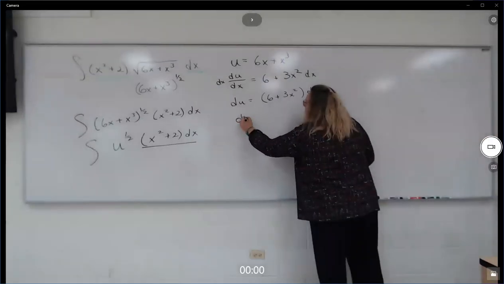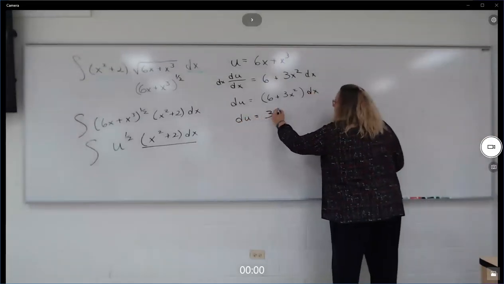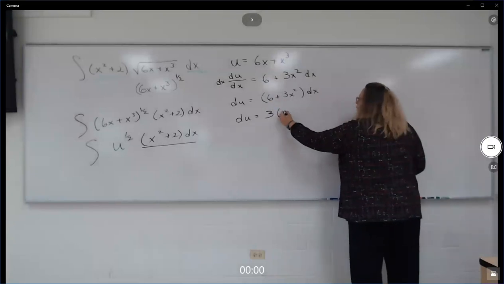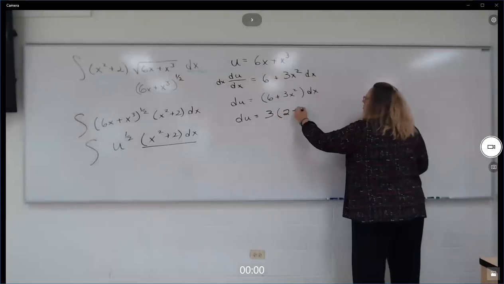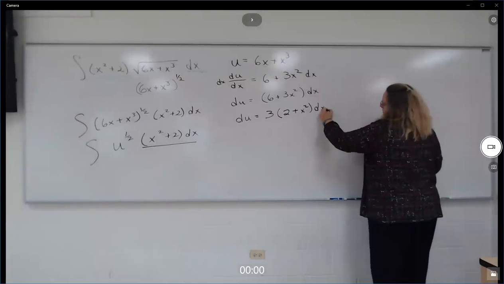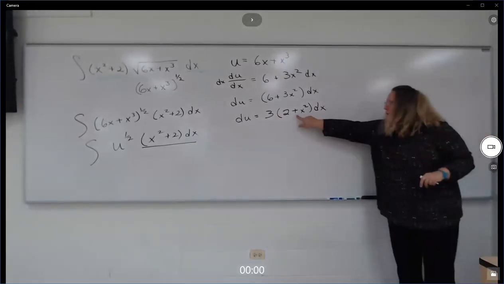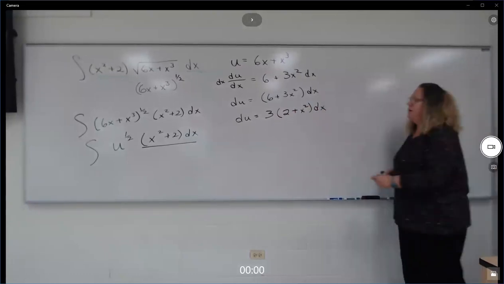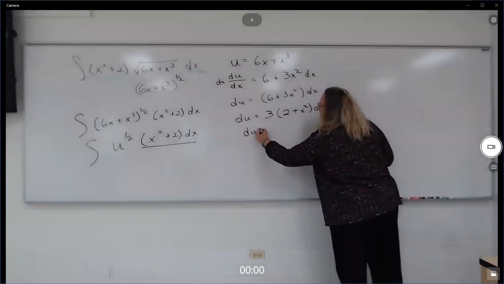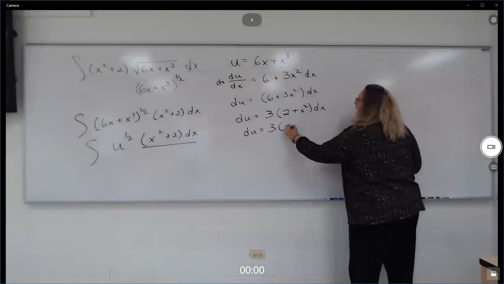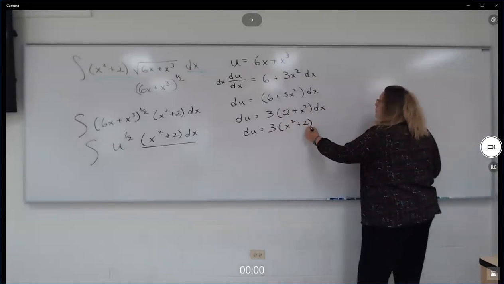So if I take out a 3, I'm left with 2 plus x squared. Even that isn't perfect, but it's addition, so I can just rearrange that. So this is the same as 3 times x squared plus 2 dx.